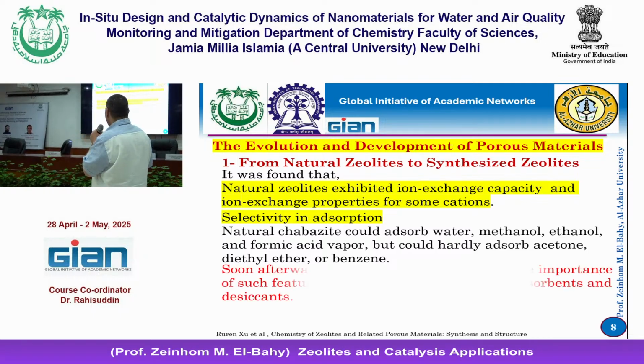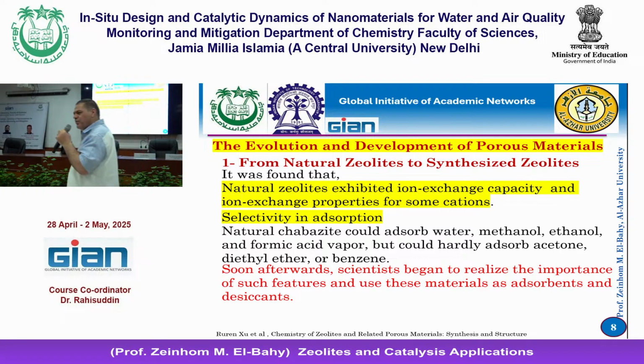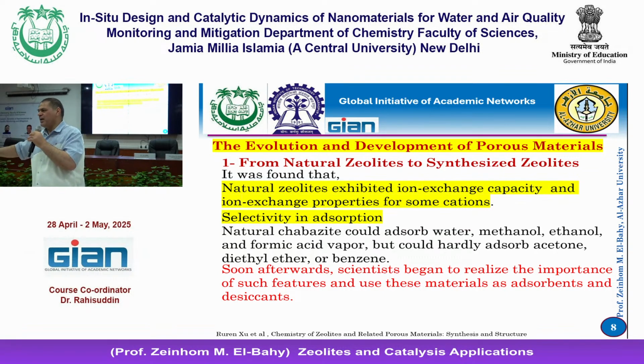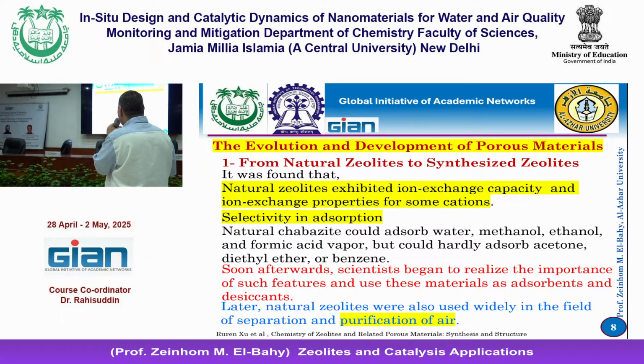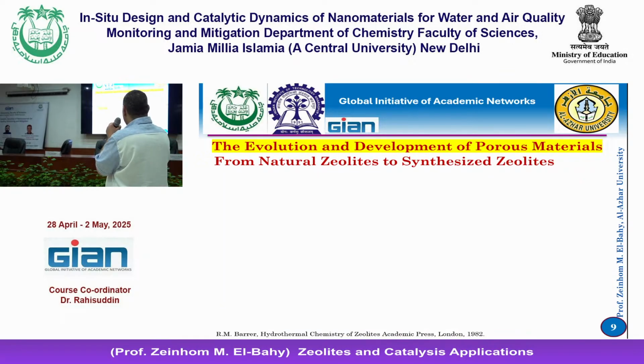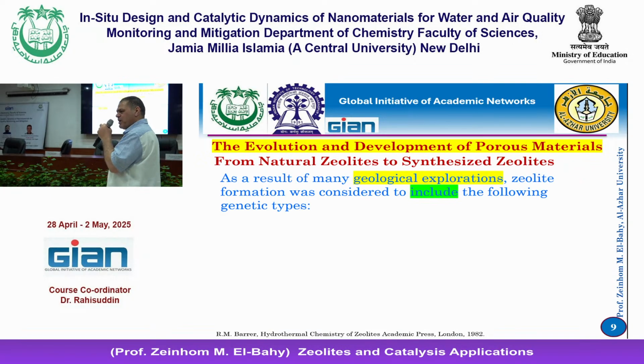At this time, they tried to find out how to prepare these materials because they have great applications in many fields, like separation of materials, treatment of water, ion exchange, and also later in catalysis. So these are the main characters of these materials.